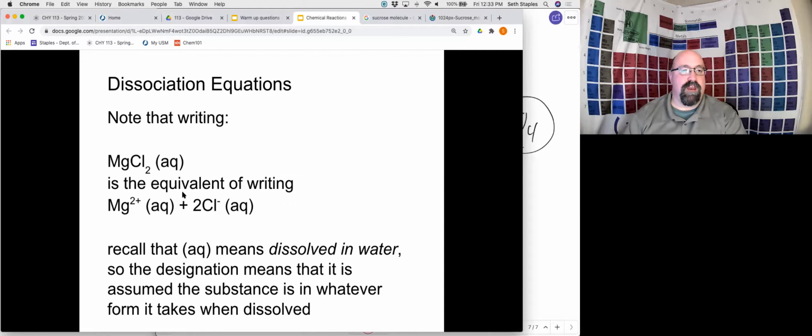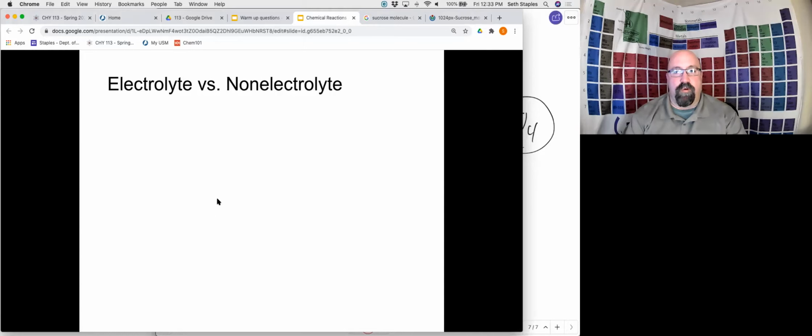We just don't always write it out as its constituent ions. We typically write it like this within a chemical equation, but it's understood that this is functionally what is actually going to exist.